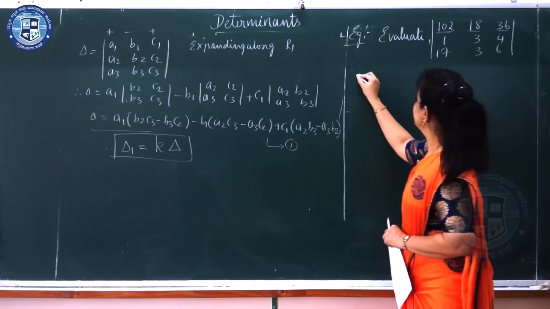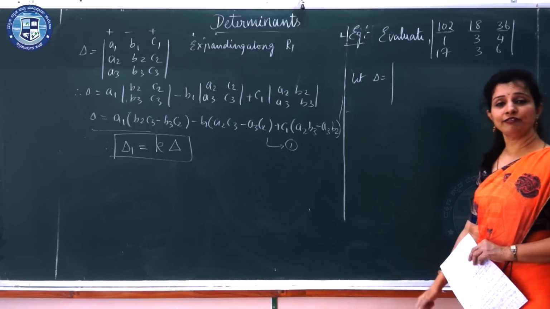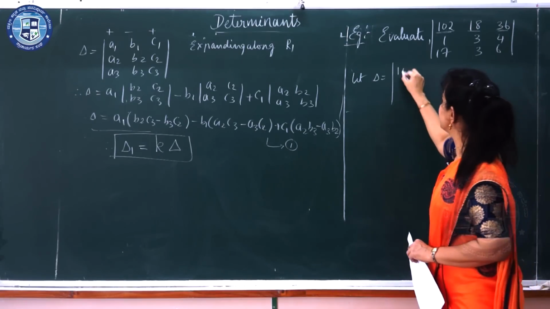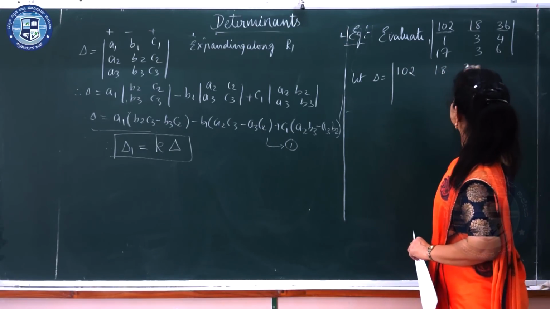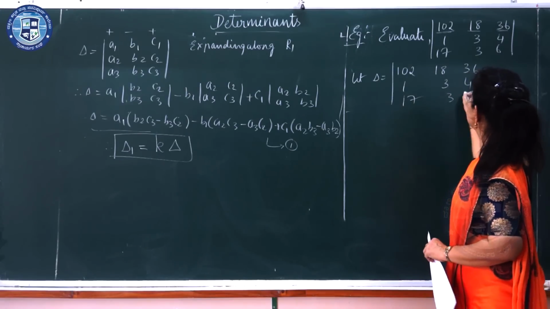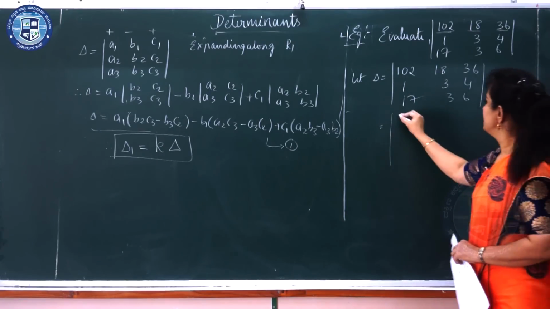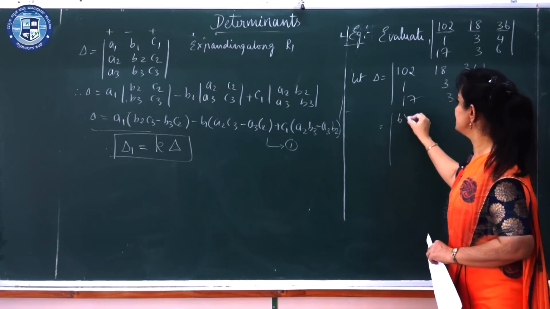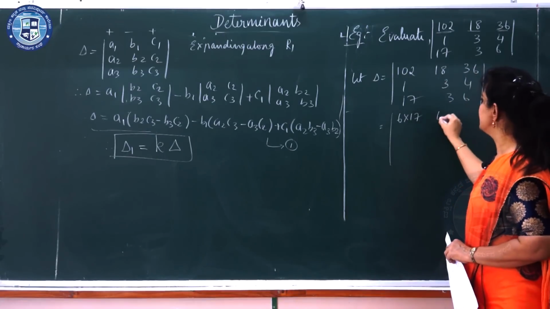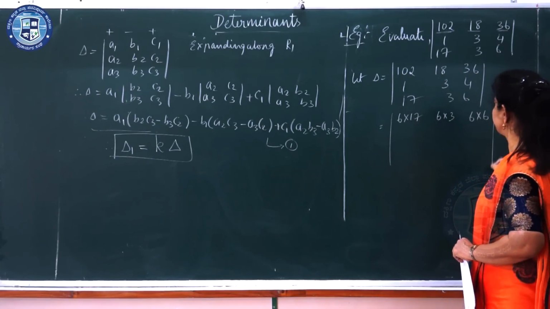Let us consider the given determinant as delta: 102, 18, 36, 1, 3, 4, 17, 3, 6. Now how will you write this? 102 is 6 into 17, 18 is 6 into 3, 36 is 6 into 6.